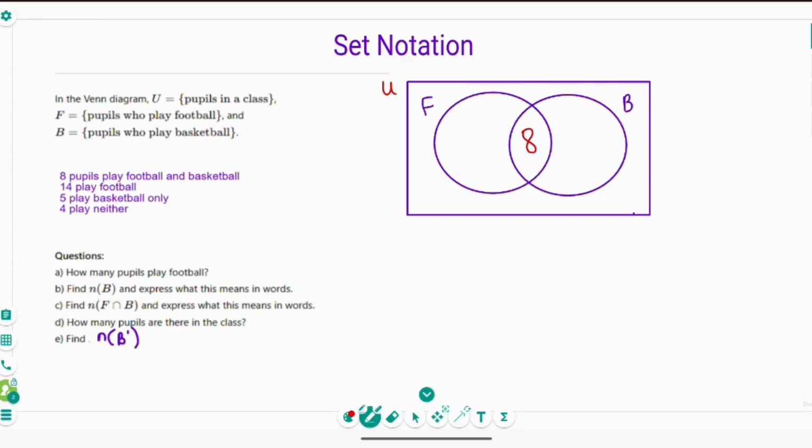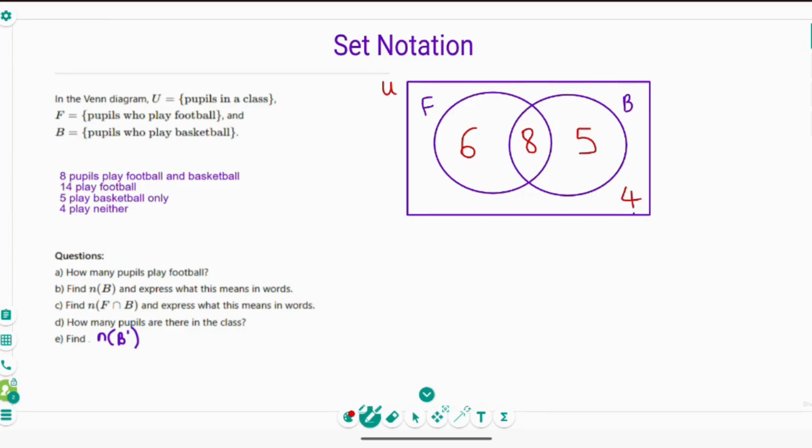That whole circle for 14 represents football, so this has to be 6, because 6 add 8, 14. 5 play basketball only. Again, you've got to be careful with the language because they played basketball only. They go here. 4 play neither.